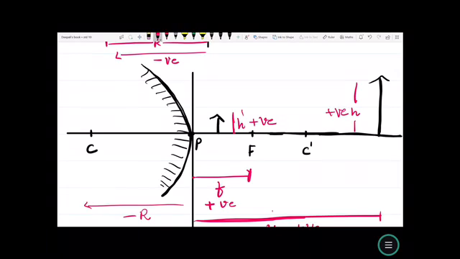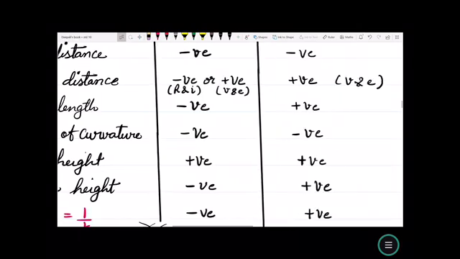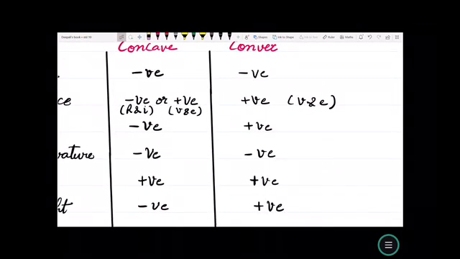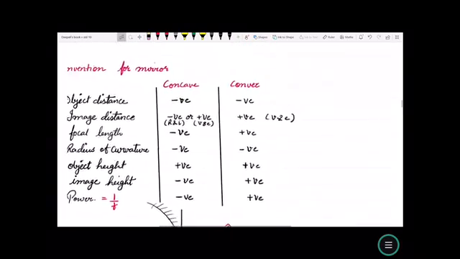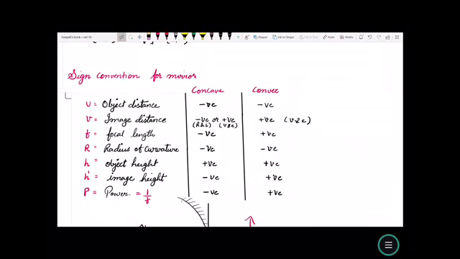So, you can understand that when the image is virtual and erect, the image height is positive, and when the image is real and inverted, the image height is negative. So, is this very much clear to you?